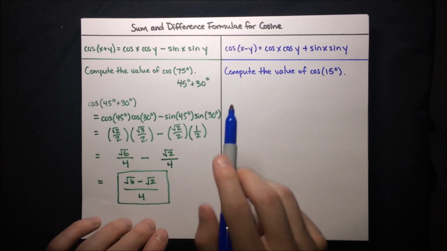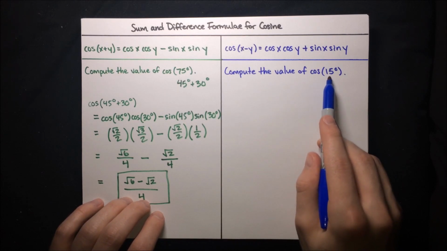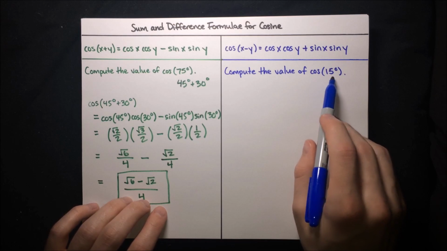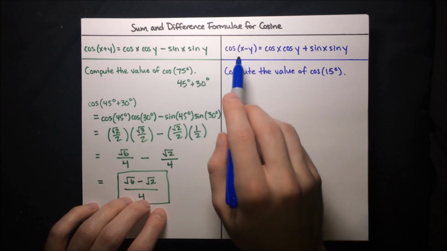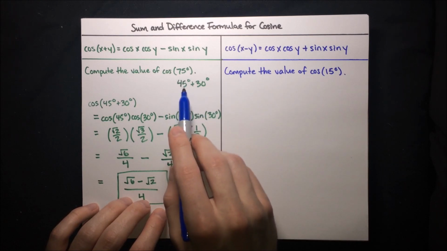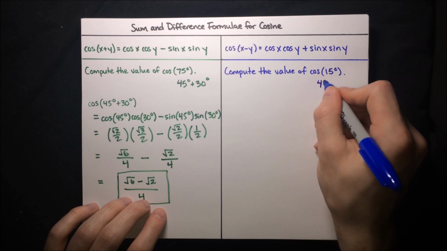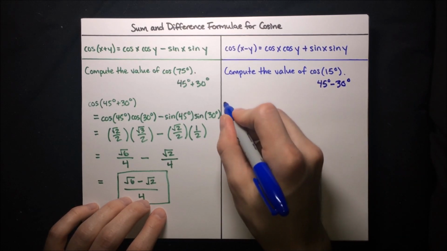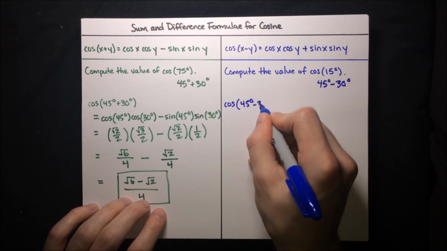Now let's do a similar thing using the difference formula to compute the value of cosine of 15 degrees. Now 15 degrees also is not a special angle, unfortunately, but we can write it as the difference of two special angles. It's just the difference of 45 degrees and 30 degrees. So we'll go ahead and write that down, 45 degrees minus 30 degrees, and we just want to compute cosine of 45 degrees minus 30 degrees.